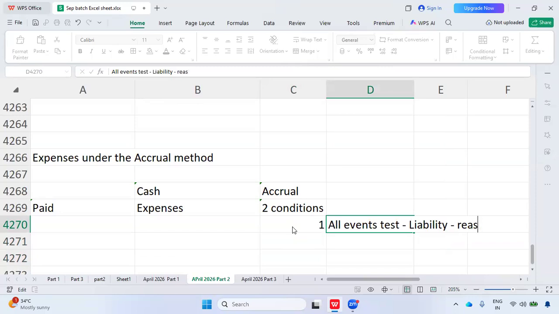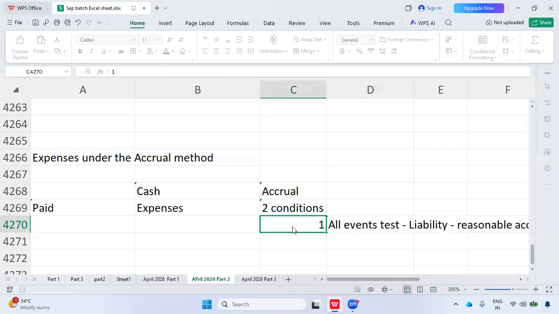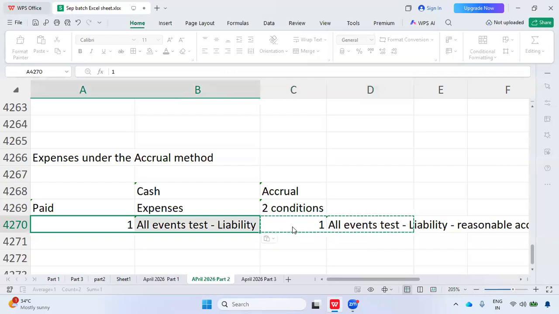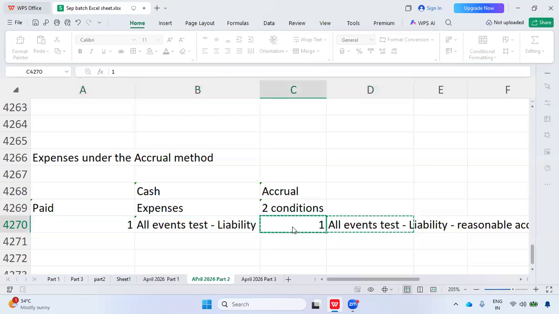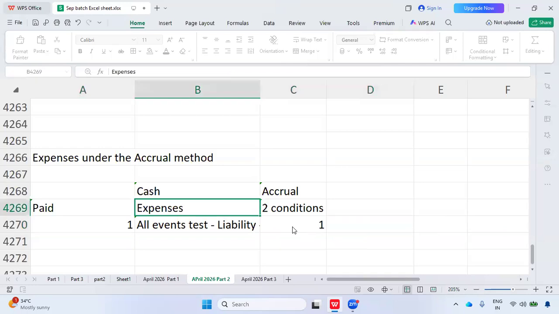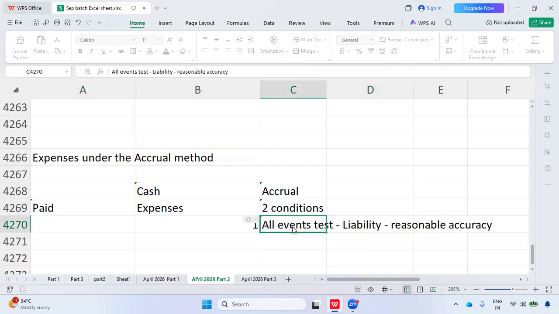We will see some examples, then you will have a clear idea. Reasonable accuracy. We need to determine the tax liability with reasonable accuracy. If yes, then we are meeting requirement 1.